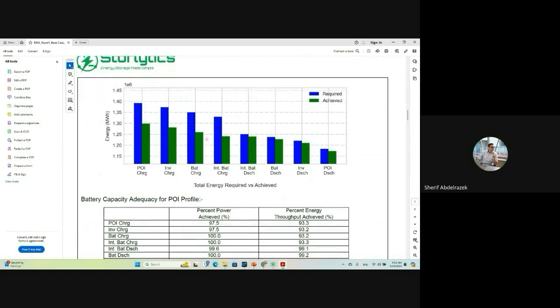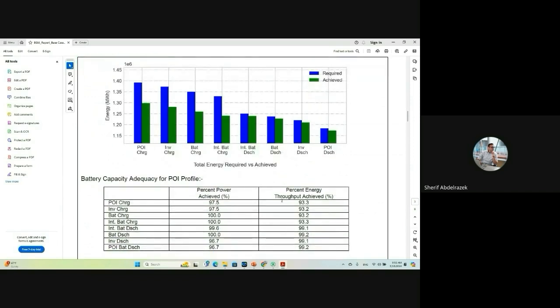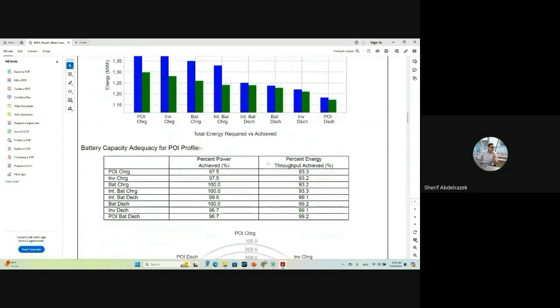And we can see here there's a delta, a larger delta on the charging side compared to discharge, between what was required and what was achieved, right? So later on in the report, we can understand why that is happening, right?